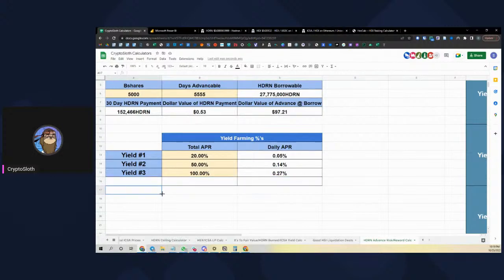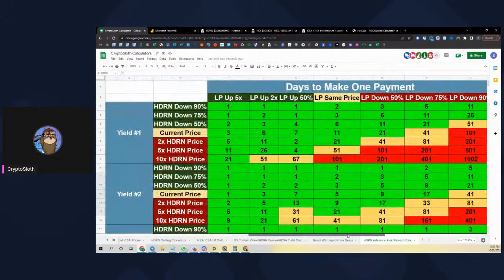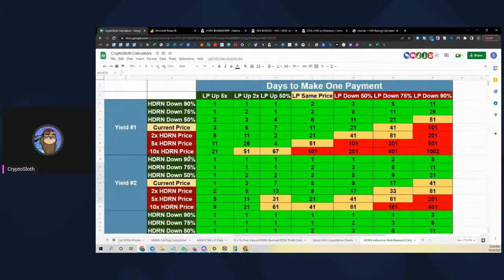So say, for example, you wanted to provide liquidity on PulseX or on Uniswap, or you wanted to do some kind of yield farming on liquid loans, the stability pool. You can plug in the different yielding opportunities here. And from the information of your Hedron advance, as well as the APR that you're earning in that yield farming opportunity, you have this big matrix here that'll show you how many days it would take for you to make one payment on that advance.